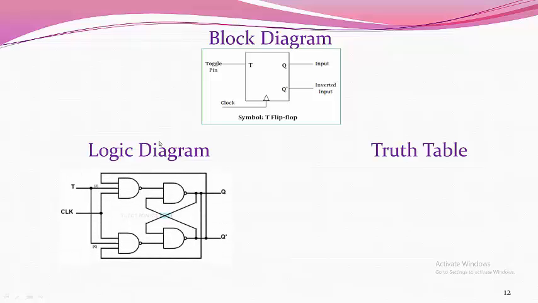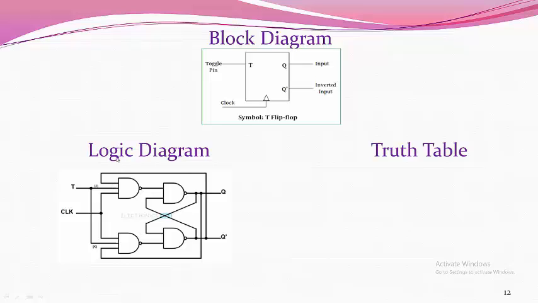This is the logic diagram of toggle flip-flop, in which if we observe, this diagram is of SR flip-flop. The only change is that here we have to use the feedback path in which output Q is connected as an input to this NAND gate and output Q bar is connected as an input to this first NAND gate.